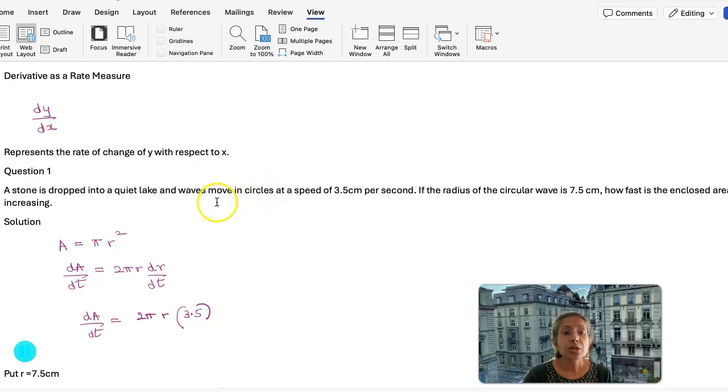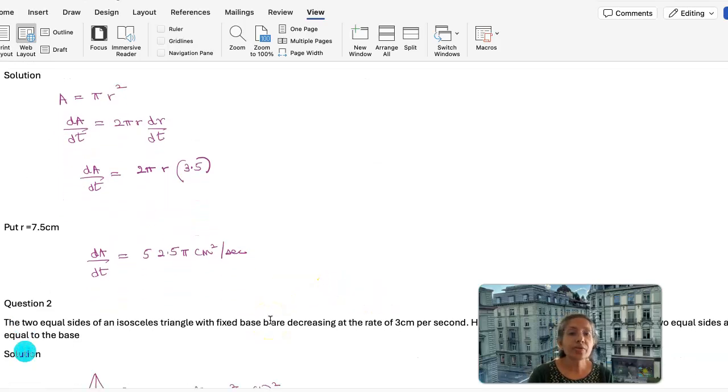You are given that dr by dt is 3.5. So dA by dt is 2 pi r into 3.5, and the radius is 7.5 centimeters. So put r as 7.5 and you get dA by dt is 52.5 pi centimeter squared per second.